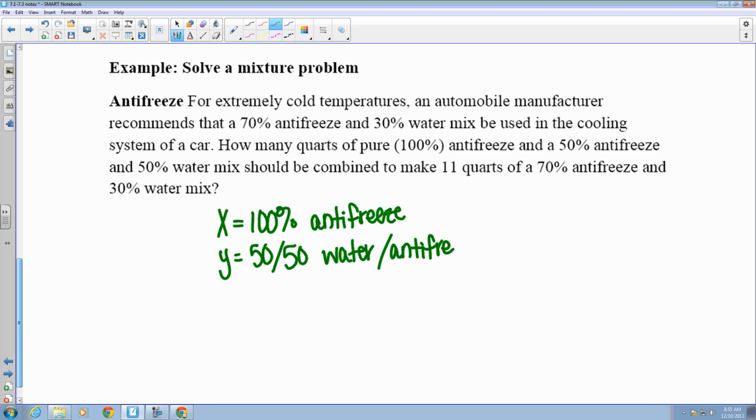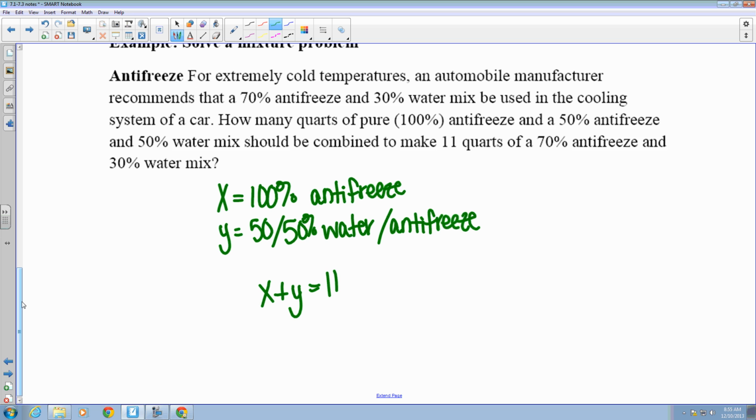So this is going to be pretty similar to the first section, where one of our equations is just x plus y equals 11, because we're not sure how many of each we need. And then instead of cost this time, our other equation is going to include the percents. So our other equation is going to be 100% x, so that's just 1x, plus 50% y equals 70% times 11.